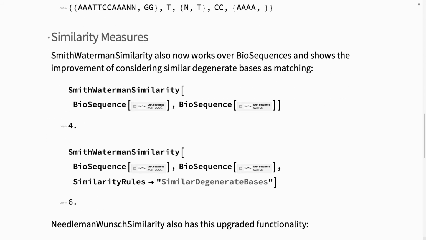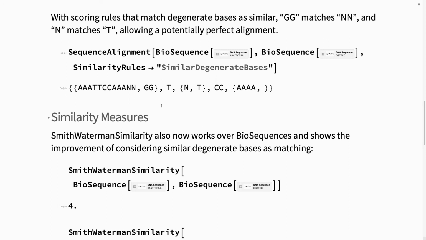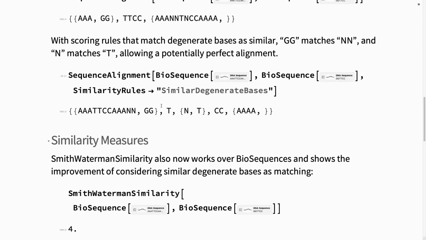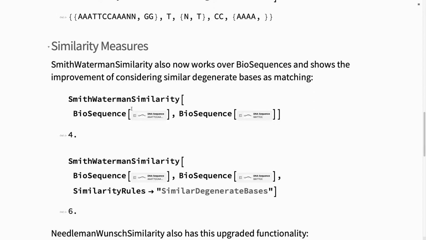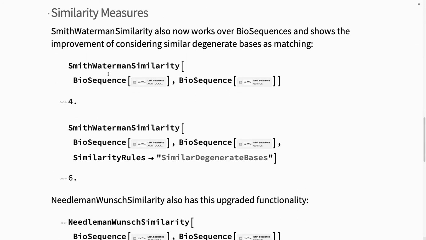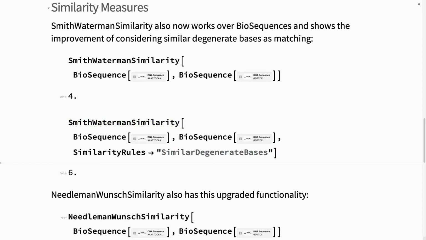Similarity: if you have an uncalled base or something like that, you can put a wildcard in. N is really the wildcard. It's any base, and that'll match. Similarly with sequence similarity, here we say that by allowing these similar degenerate bases, these sequences are more similar.